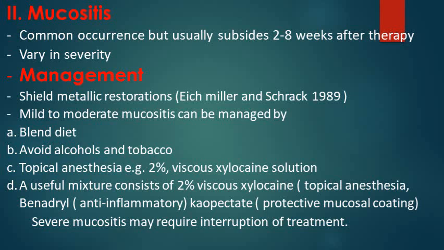A useful mixture consists of 2% viscous xylocaine acting as topical anesthesia, Benadryl as anti-inflammatory, and a protective mucosal coating. Severe mucositis may require interruption of treatment, and unplanned interruption of radiotherapy is very annoying to the radiotherapist because it allows time for repopulation of the tumor cells.